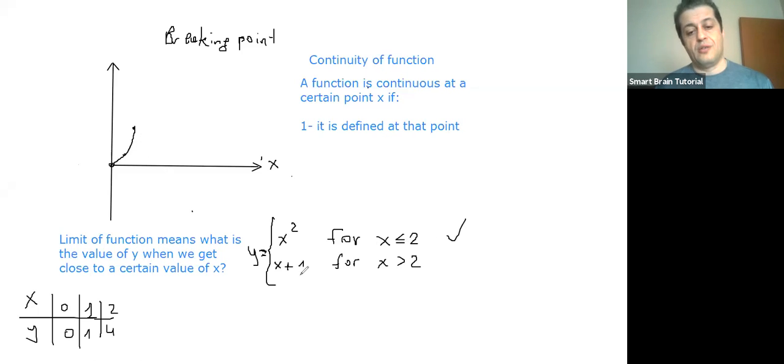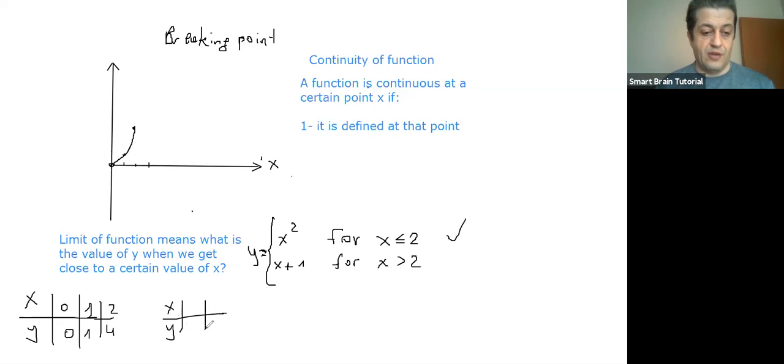But then, from 2 and from 3, etc., we are going to plot another graph. We are going to deal with x plus 1. So I'm writing two values here for x plus 1, x and y.